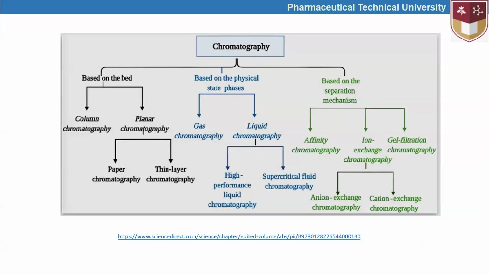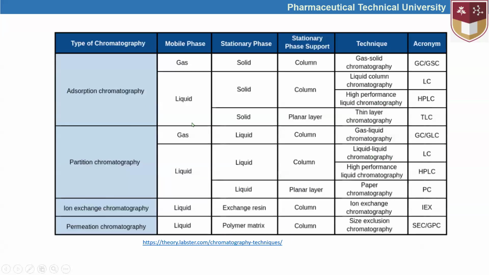And gel filtration is based on the sizes, so it is sometimes termed size exclusion chromatography. So based on the separation mechanism, we can separate chromatography as affinity, ion exchange, and gel filtration chromatography. And here we can see the differences between the types of chromatography from another angle.